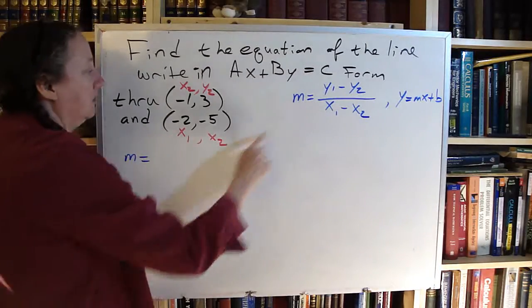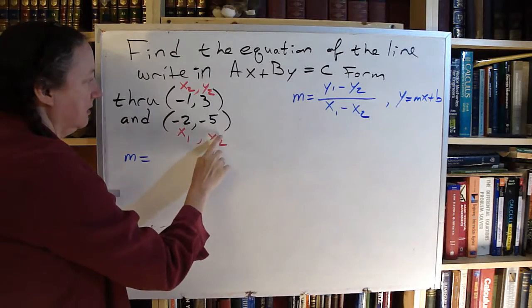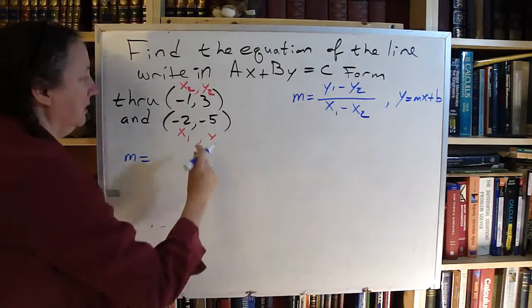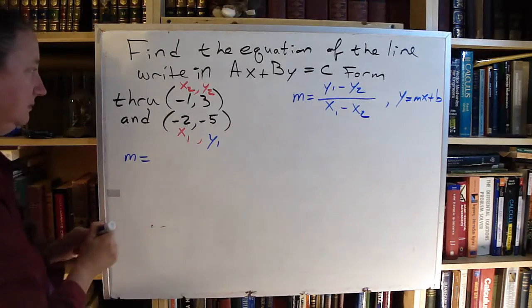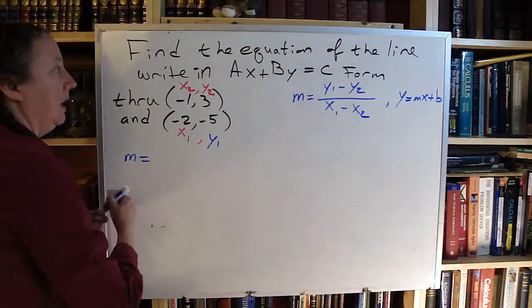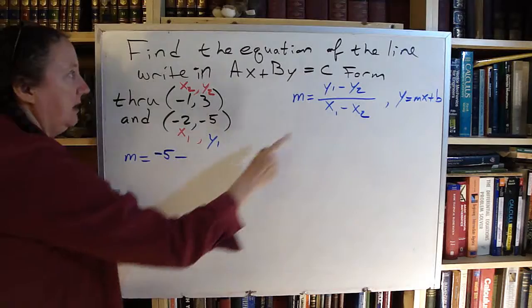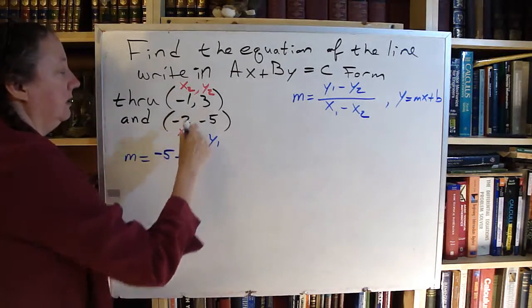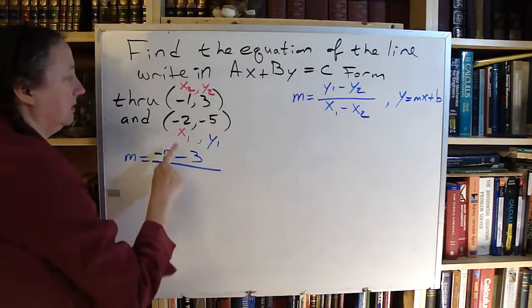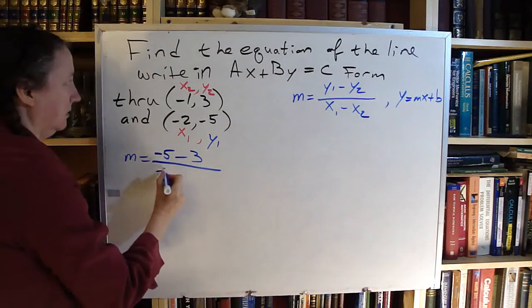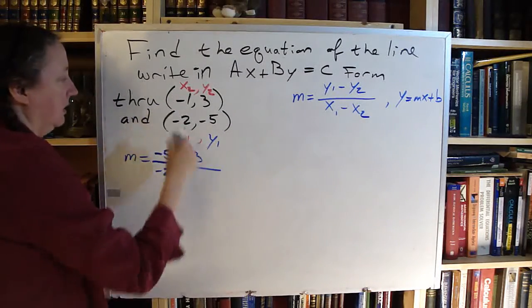So y1. Got a mistake. Of course I do. So this is y1. Okay, so y1, negative 5, minus y2, 3, all over x1, negative 2, minus x2, negative 1.